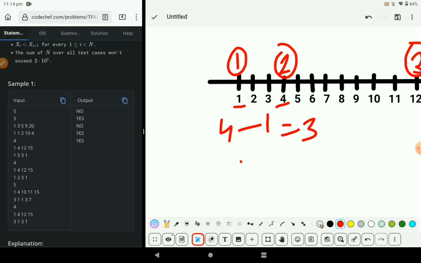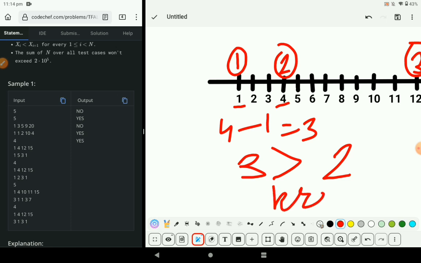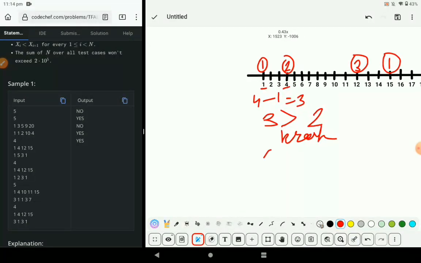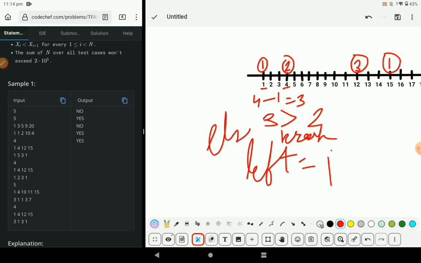We will check if the difference is greater than the power, then we will break. And if the difference is less, then we will just give left equals to y. Is that clear? So basically this kind of approach we are going to use.